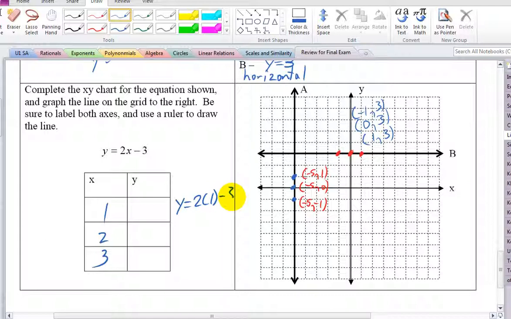Substitute in. Okay, and keep doing that for the other points. So this one should be 1, 3. Okay, so graphing those points, I'll do that in green then. We have 1, -1, 2, +1, 3, +3.